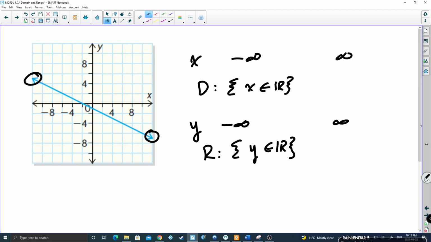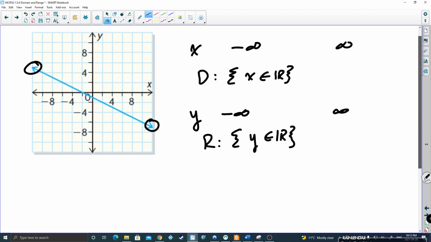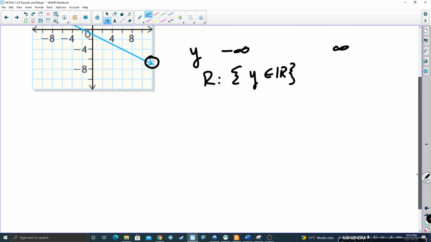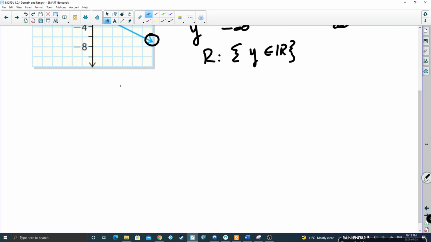I had talked about an open circle scenario that I wanted to discuss, so let's do that right now. What if we had the exact same style of graph? So I'm just going to put an x and y axis here.